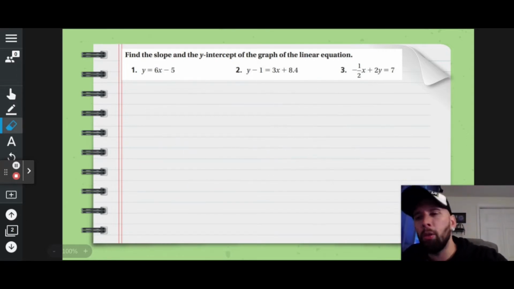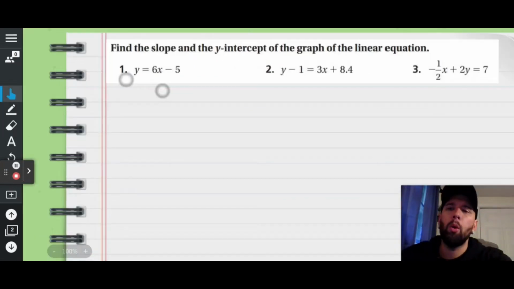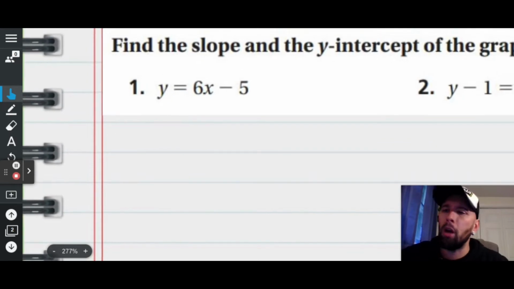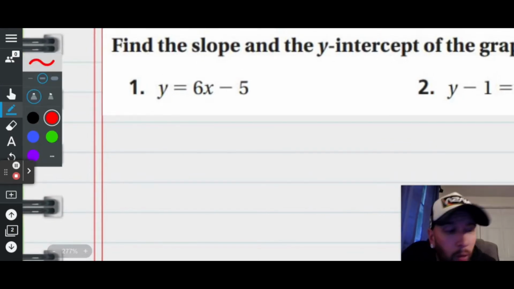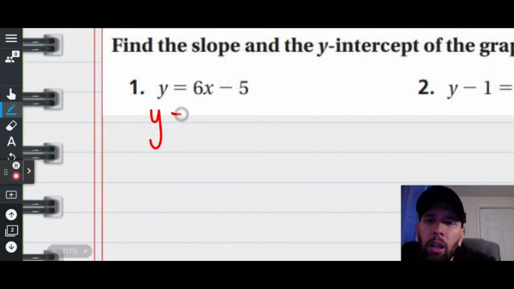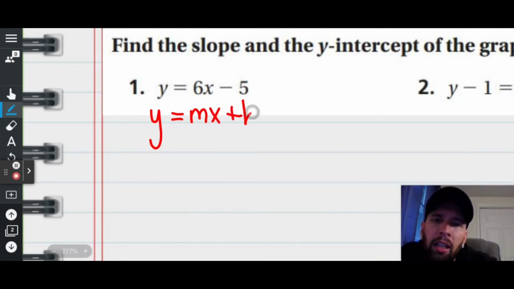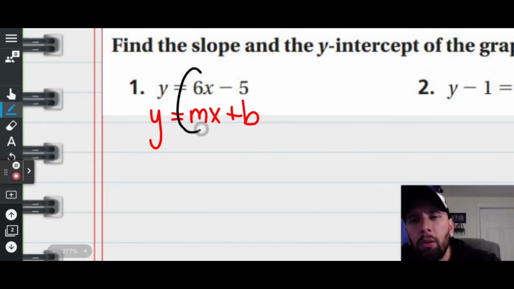The nice thing about problem 1 here, let me just blow it up, is y is already by itself. So when y is already by itself, I can compare it to slope-intercept form, which is this guy. And I can say the number in front of x is my slope.